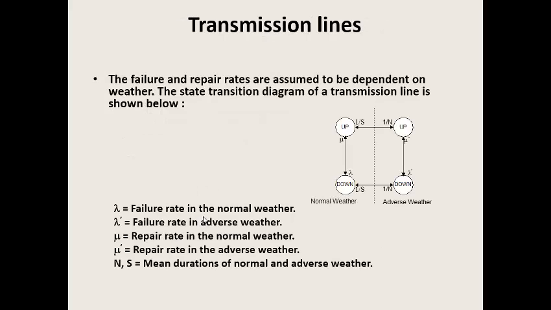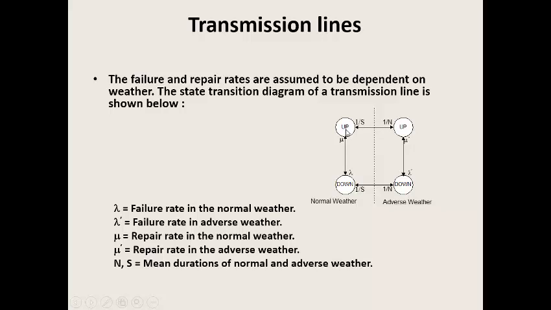The transmission lines, the failure rates and the repair rates are assumed to depend upon the weather. So the Markov model for this would be, this is the normal weather and this is the adverse weather. This is the mean duration of the adverse weather, this is the mean duration of the normal weather.